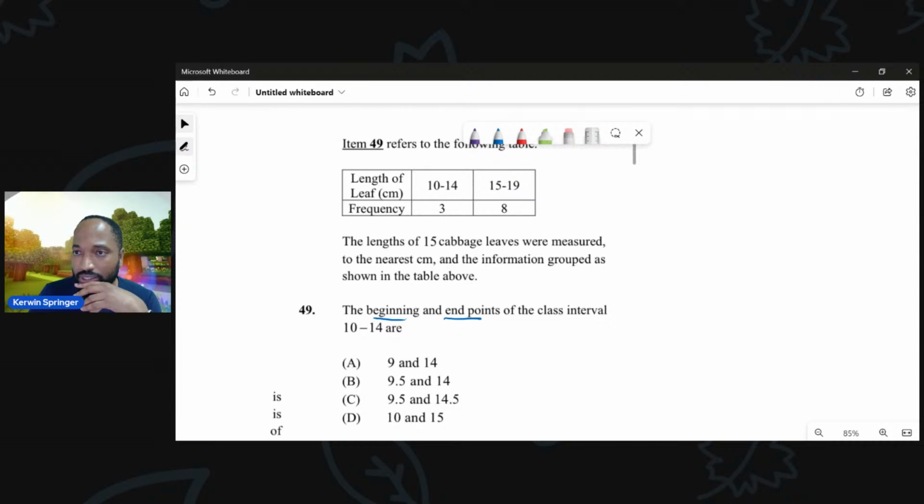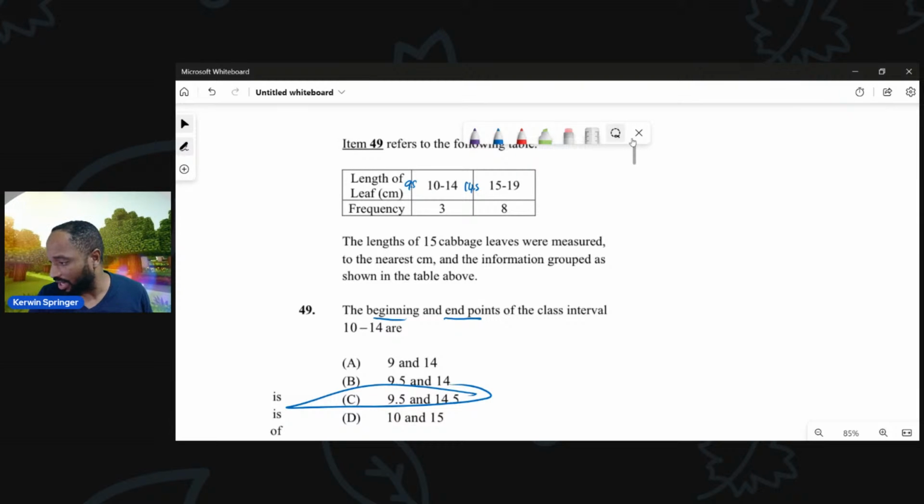What they are really looking for here is the boundaries. So the boundaries will be like 14.5 and 9.5. That's what they're really looking for, boundaries. But I do appreciate the terms that they use. Come on, CSEC, we're looking for a little bit of consistency, please.